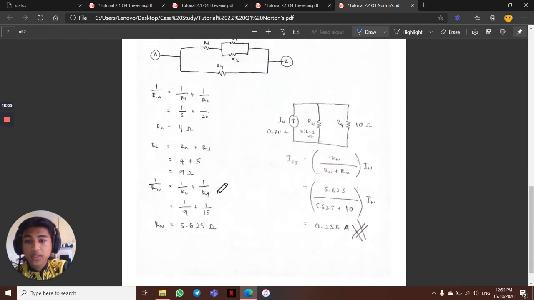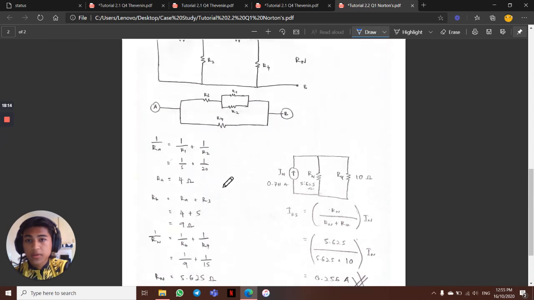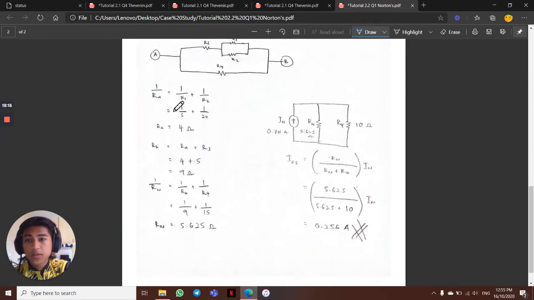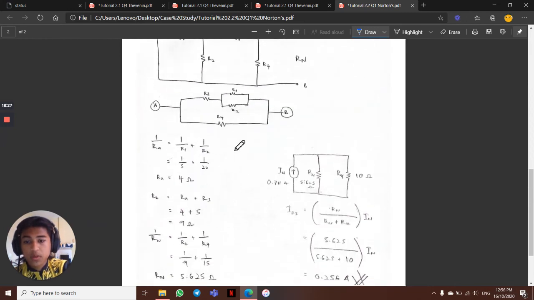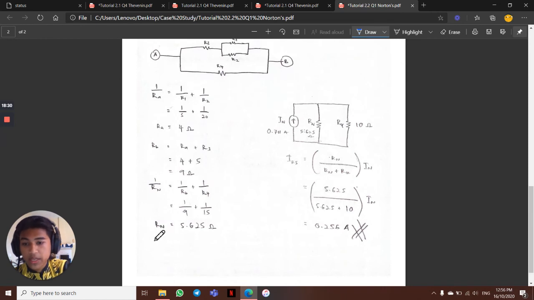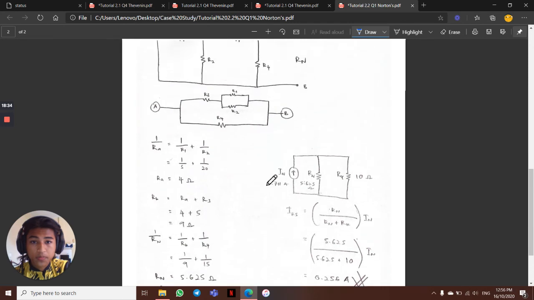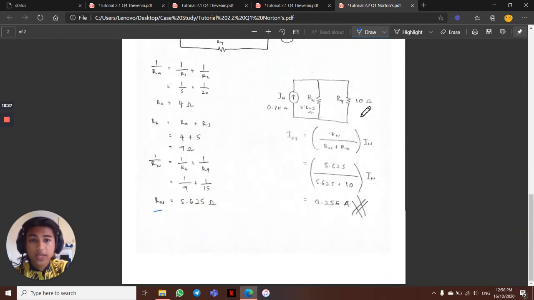In order to calculate the Rn, we must use the calculation of 1 divided by Rn equals 1 divided by Rb plus 1 divided by R4, and at the end we'll get the Rn is 5.625 ohm.